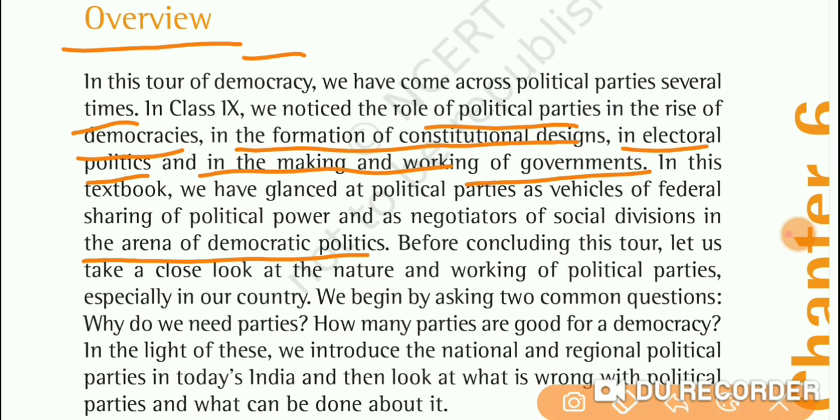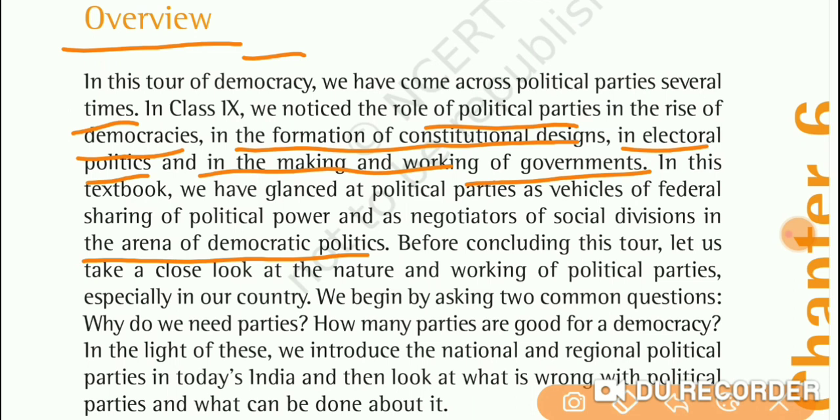And what exactly are we going to study in this lesson? We are going to study political parties as the vehicles of federal sharing of political power. So here in this lesson we are going to study the role of political parties as the vehicles of federal sharing of power.